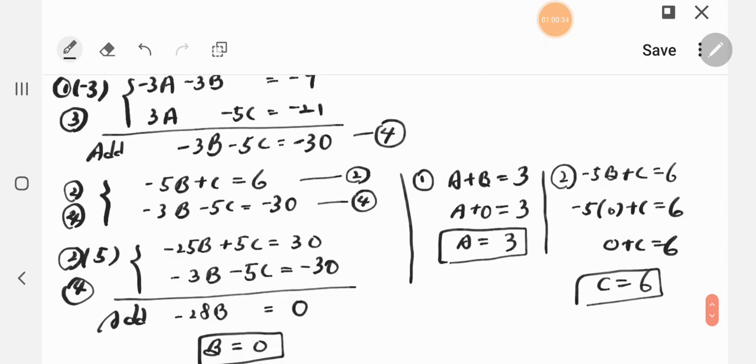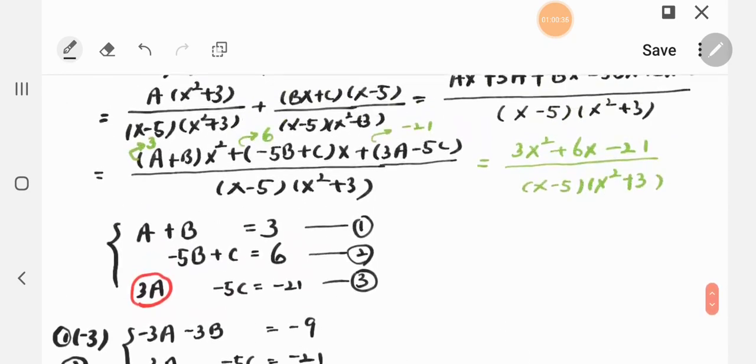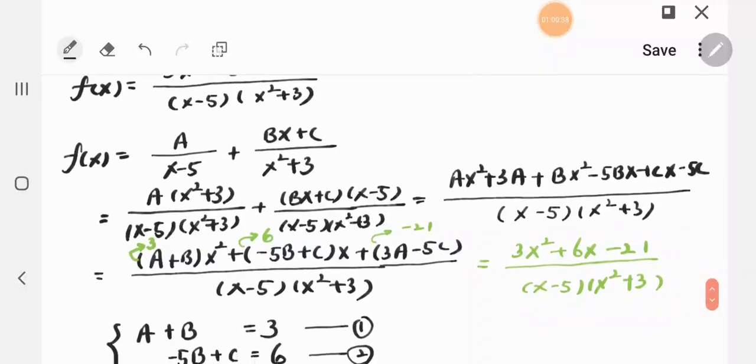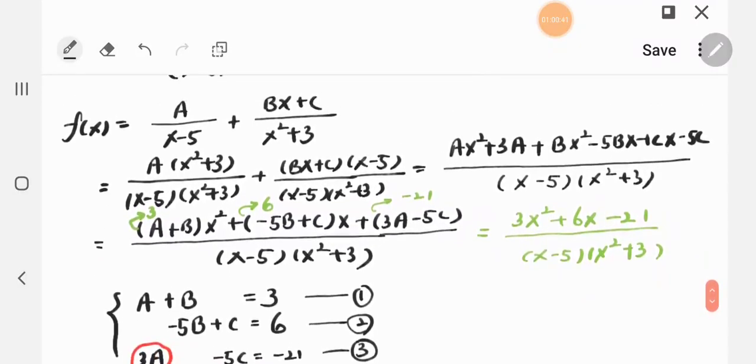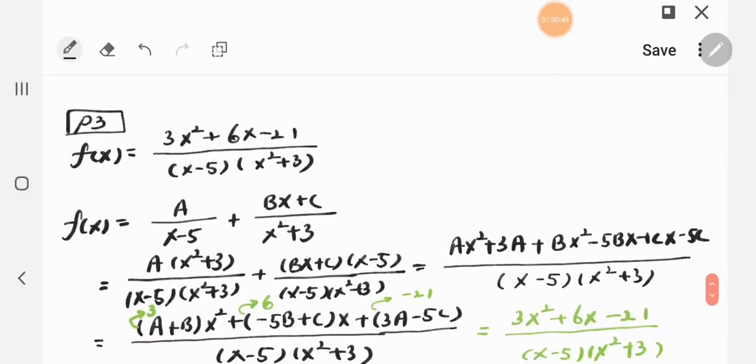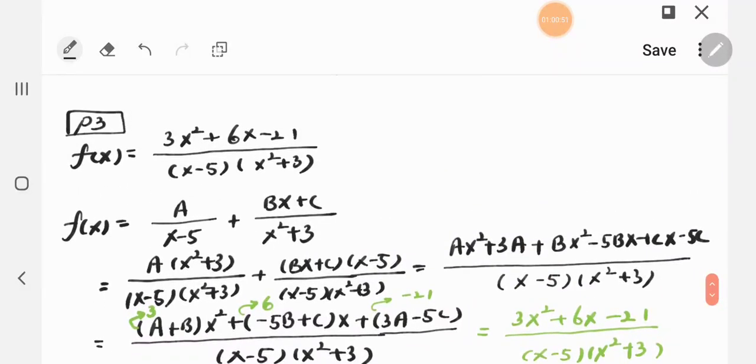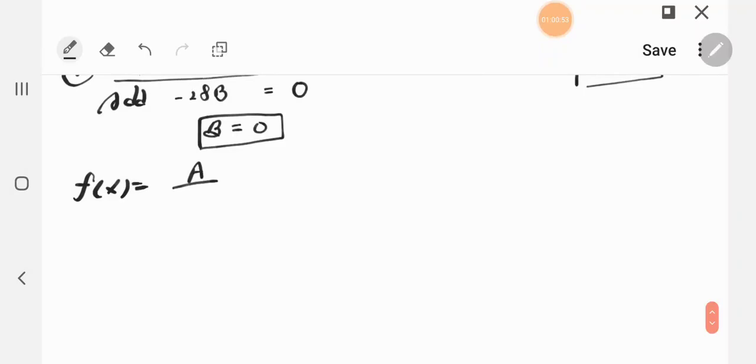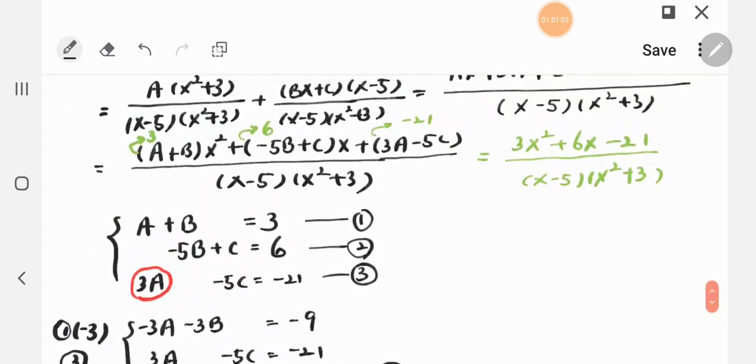So we found a, b, c. Let me write the function f of x. So the function f of x is equal to a over the first factor, x minus 5, plus bx plus c over the second factor, x squared plus 3.